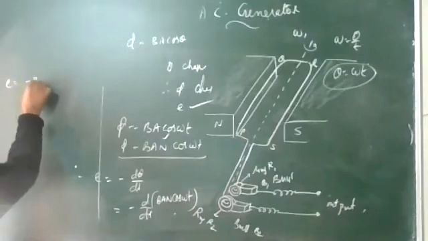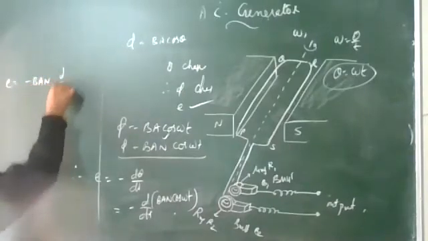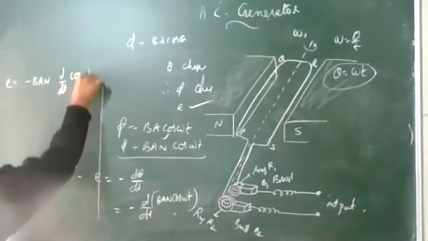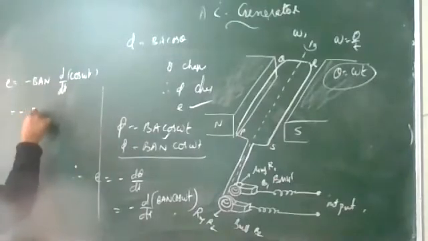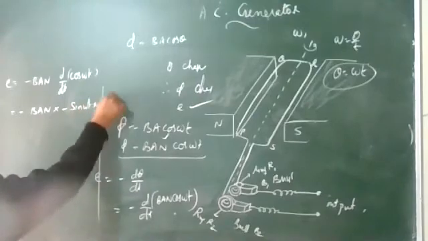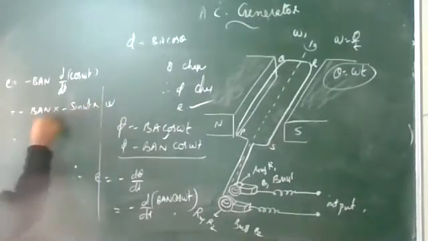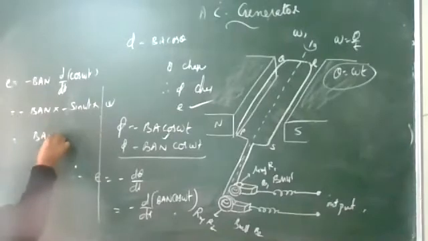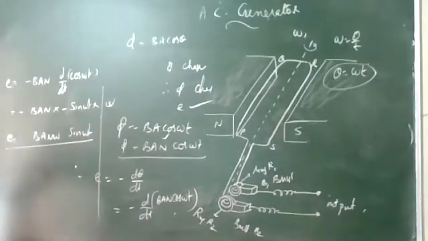Equal to minus BAN d by dt of cos omega t. The derivative of cos omega t is minus sin omega t into omega. Minus minus cancel, omega comes here, BAN omega sin omega t. This is the EMF induced.